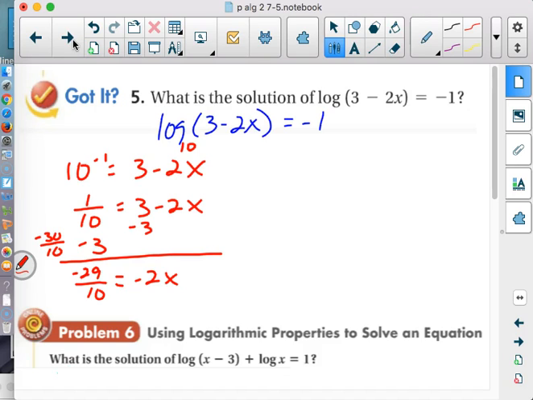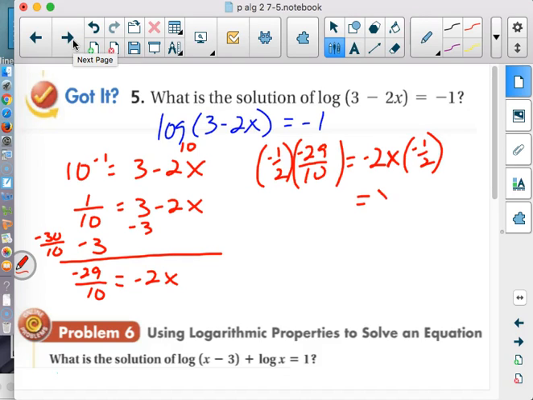And then because we already have a fraction, instead of dividing by negative 2, it would be easier to multiply by a negative 1/2. So over here we'll have 29 20ths.